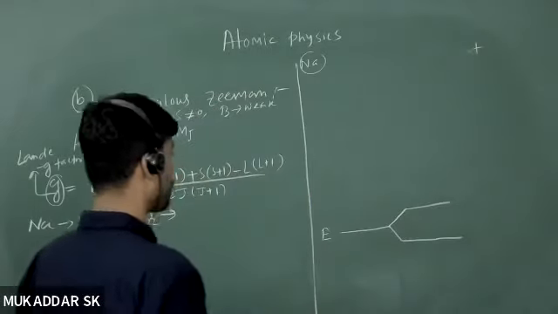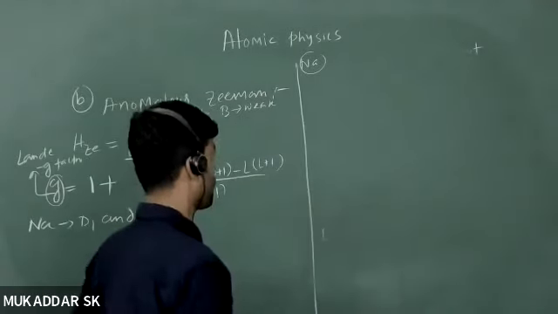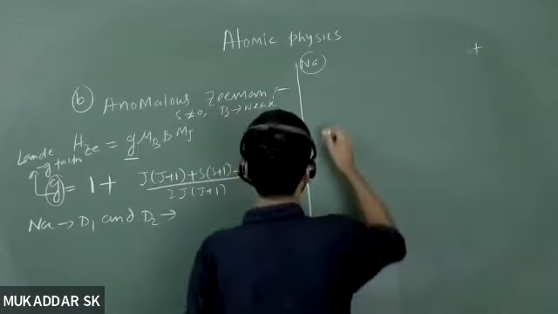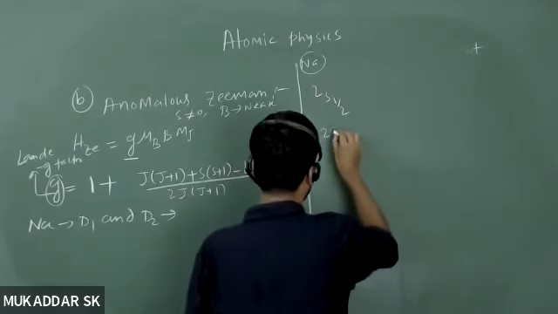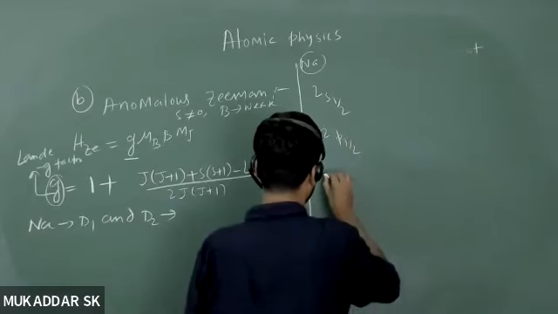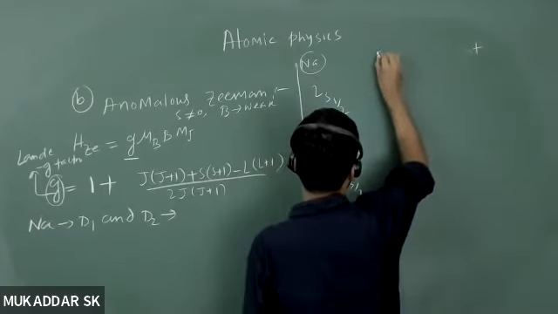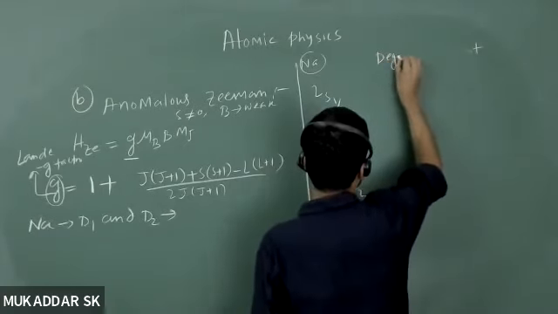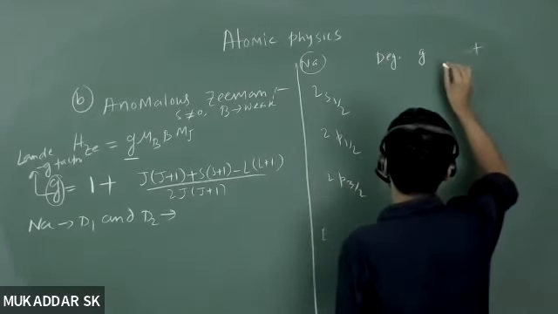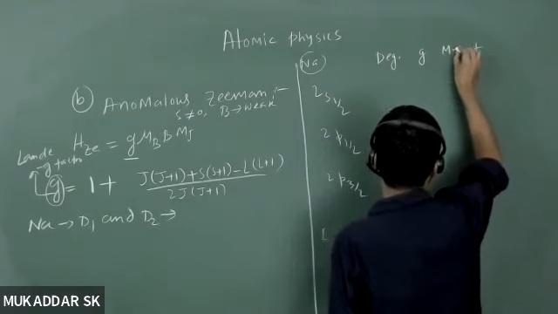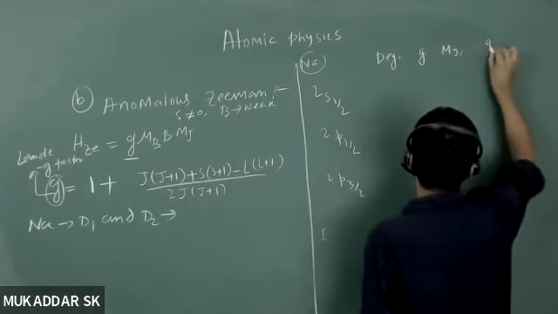But before that, let me define a few factors. First I'll define the states 2S1/2, then 2P1/2, then 2P3/2. Here I'll define the degeneracy, then the g value, then the mj value, then g·mj.